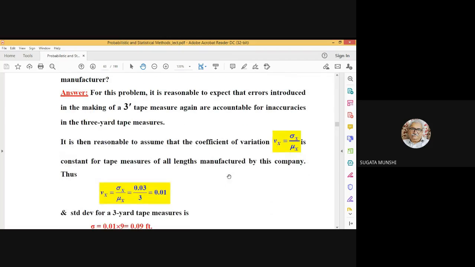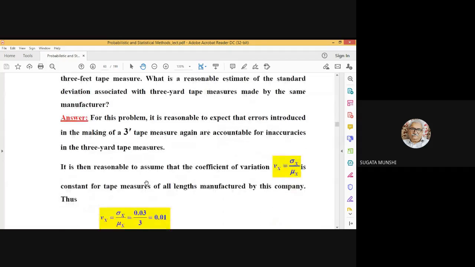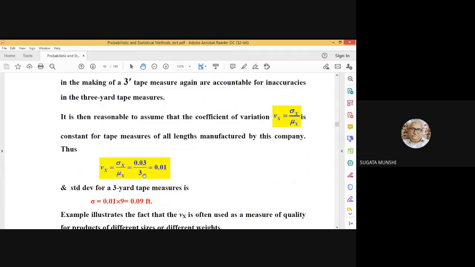Therefore, the coefficient of variation from the given data, that is 0.03 feet for a 3-feet tape measure, comes out as 0.01. Therefore, the standard deviation for a 3-yard tape measure is 0.01 into 9, that is 0.09 feet. So coefficient of variation is standard deviation by expectation.